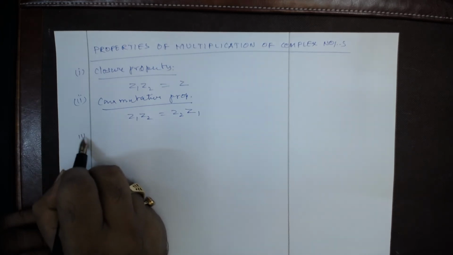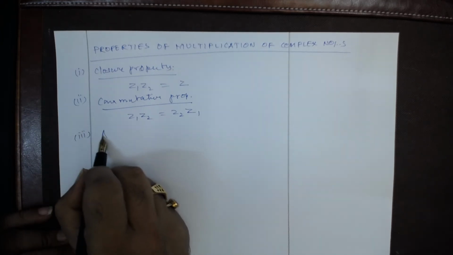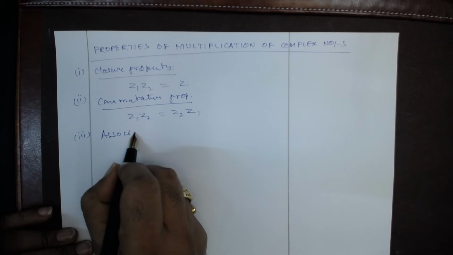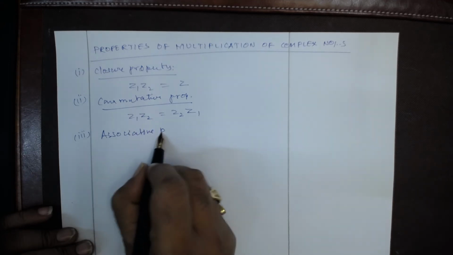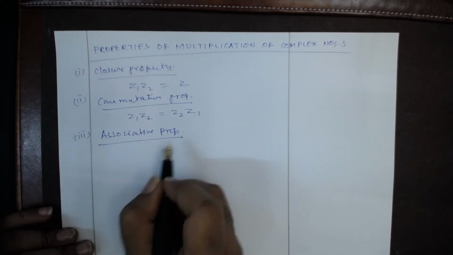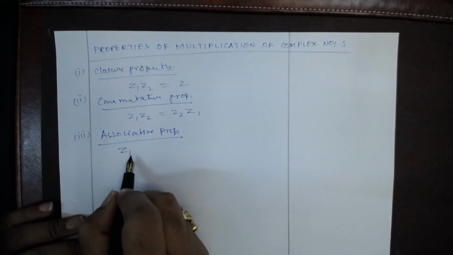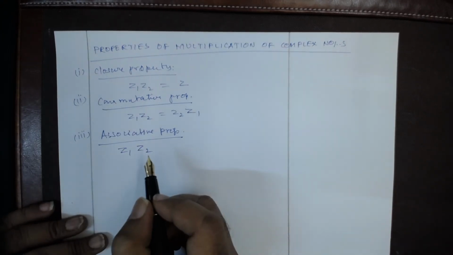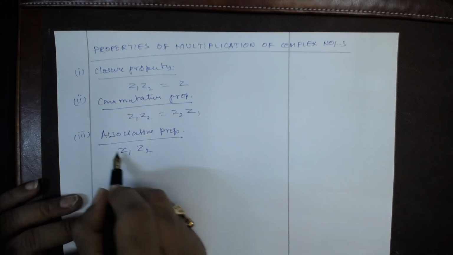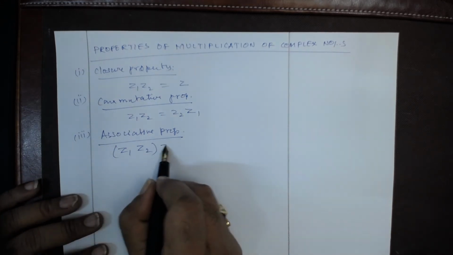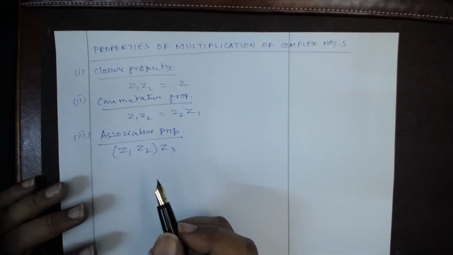Associative property. Let us consider z1, z2. These are two complex numbers multiplied, and then multiplied with the third complex number.